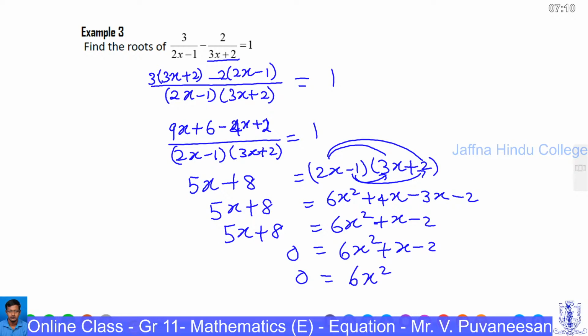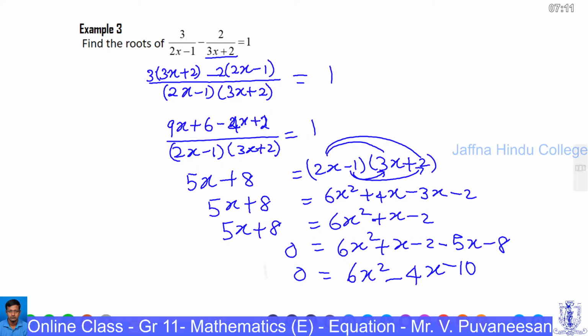this is minus 5x minus 8. Now we simplify. Minus 5x plus x, minus 4x, minus 2 minus 8, minus 10. Okay.